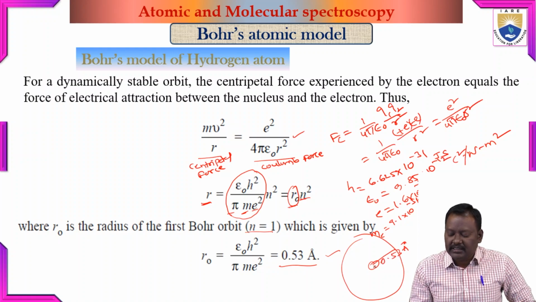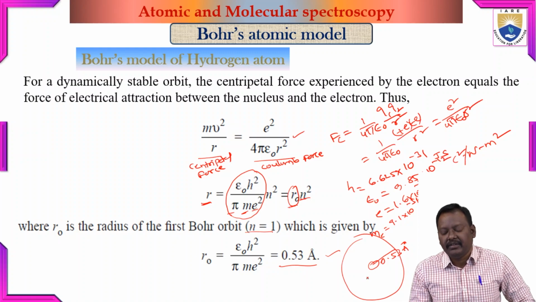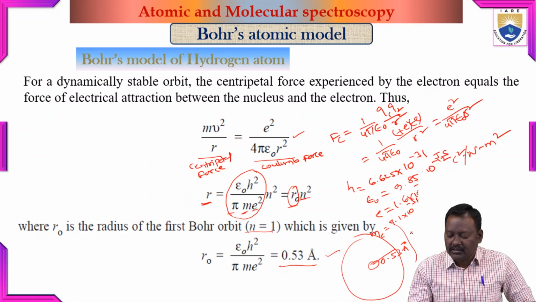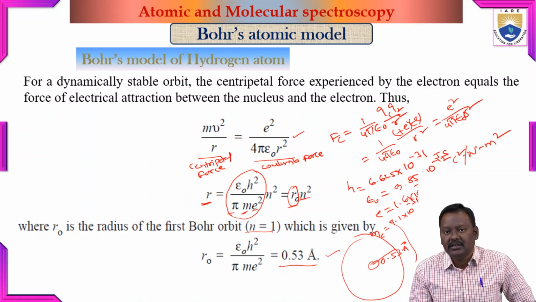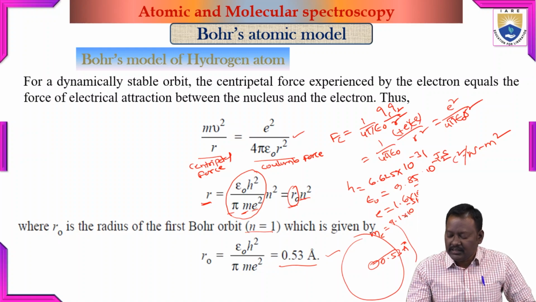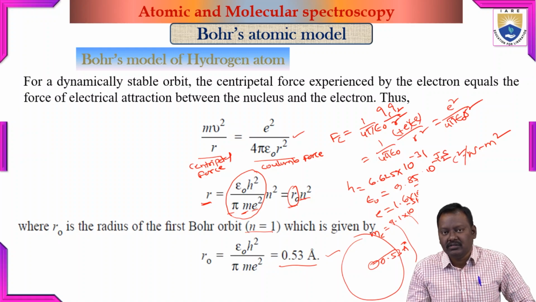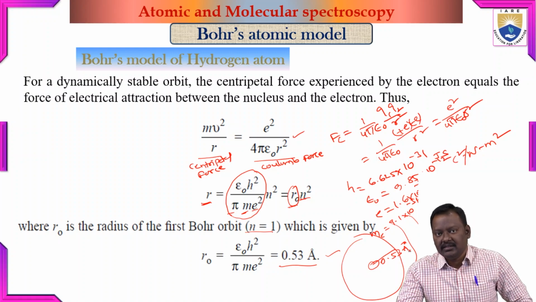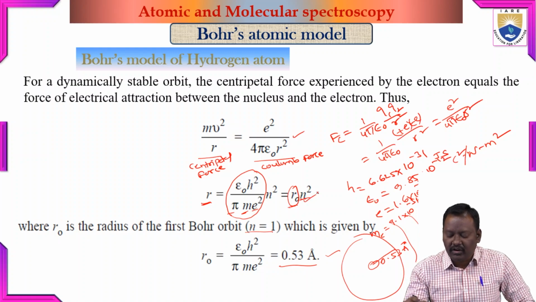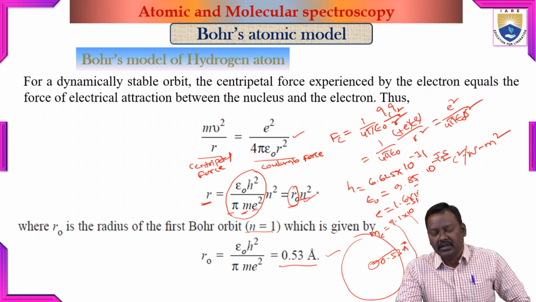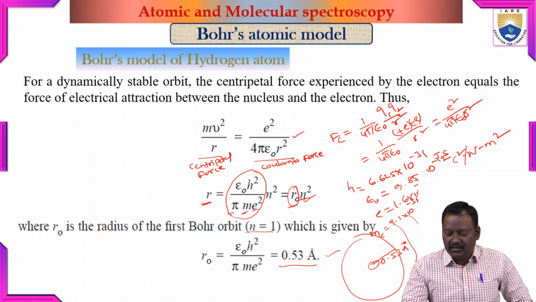It may change for a different atom and a different number. The second orbit radius increases, and the third orbit radius also. So the radius of orbits increases based on the square of the integer 1, 2, 3, 4, like that.